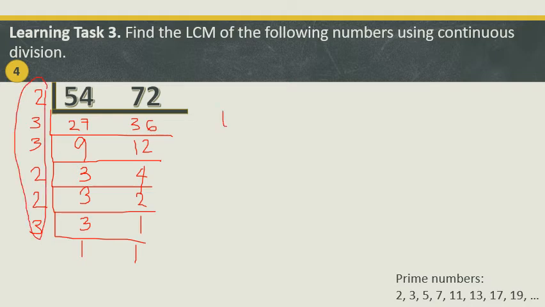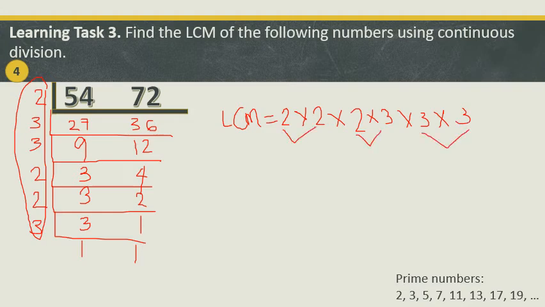So, sulat natin siya. LCM equals, so, ang 2 natin dito ay 3. So, 2 times 2 times 2. Then, yung 3 natin ay 3 din. So, 3 times 3 times 3. Okay? So, pag-partner rin natin para hindi tayo mahirapan. So, 2 times 2 is 4.